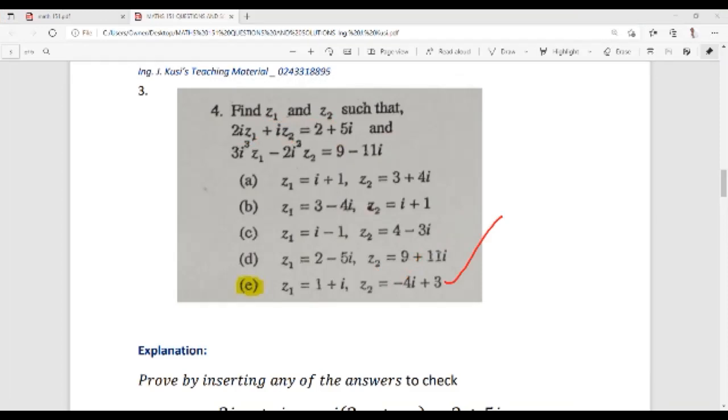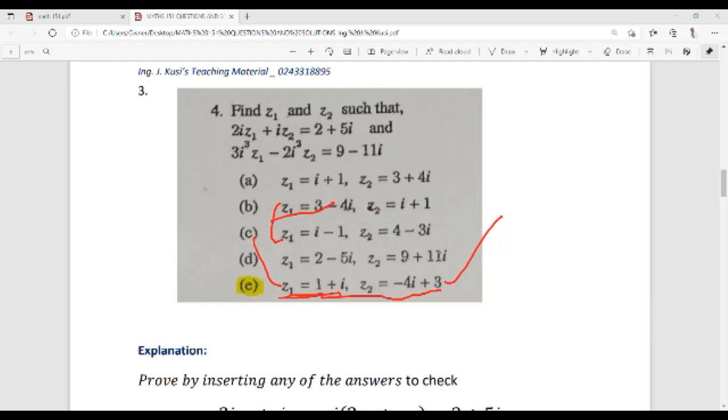As written objectives, are you supposed to show how we get the answer at the side of the question? No, you just have to circle the answer. As I've shown you some techniques, sometimes you can keep the answers in your mind. But they can change the answer positions, like move this one to B, or move C to D. So if you want to be safe, you have to learn the answer, not whether it is E or B. You have to learn that Z1 is 1 plus i, and Z2 is minus 4i plus 3.